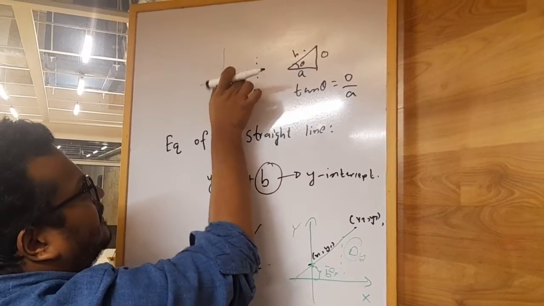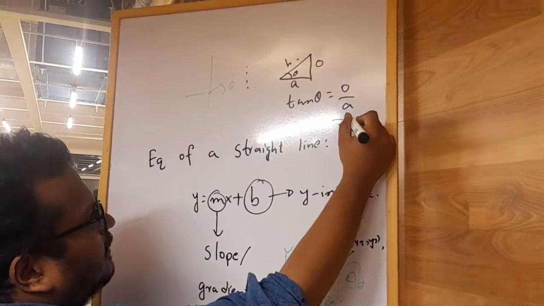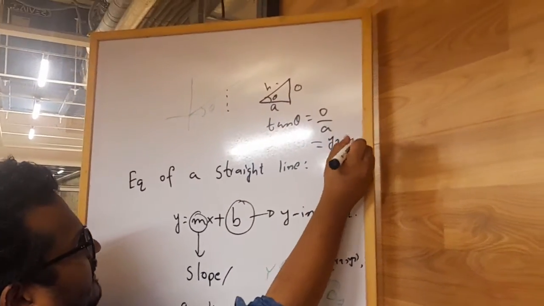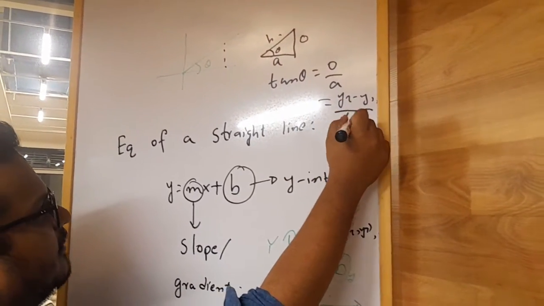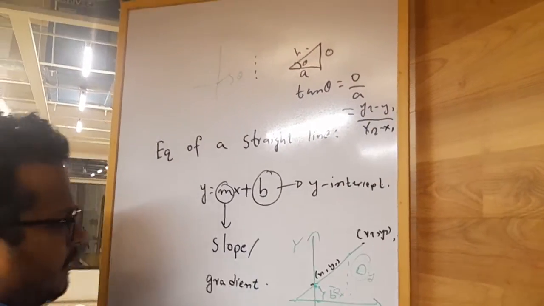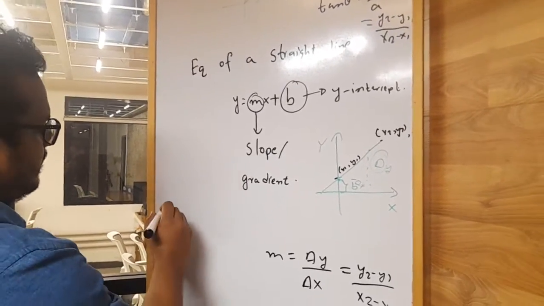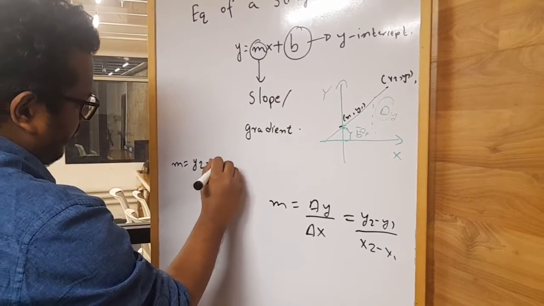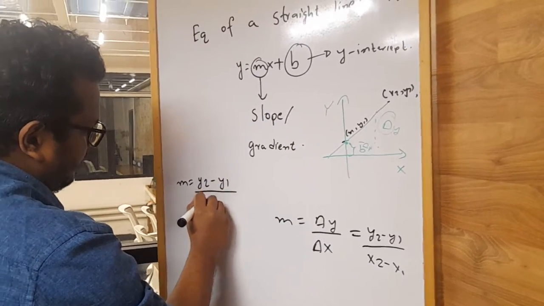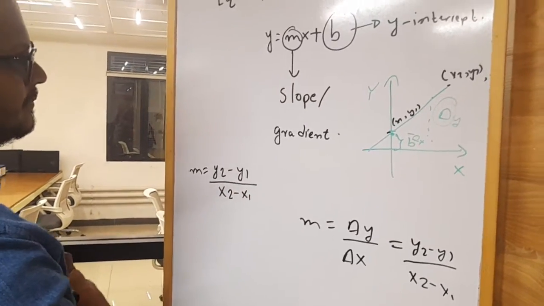So this divided by this. This length would be the difference in y, and this would be the difference in x. So basically, the formula for the slope of a straight line is y2 minus y1 divided by x2 minus x1.